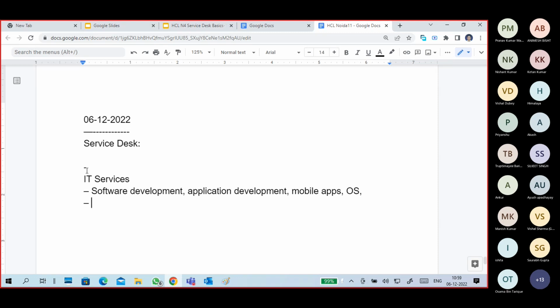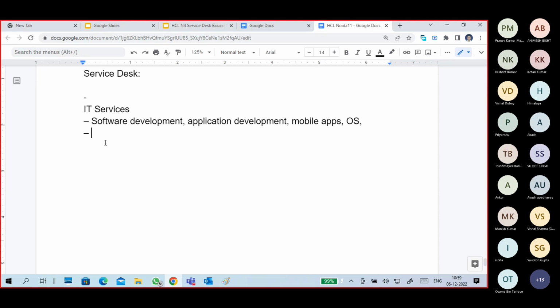The next point: we are accessing websites, right? So website development, web application development, database management, database application management. There are different types of servers we are using, FTP, Facebook.